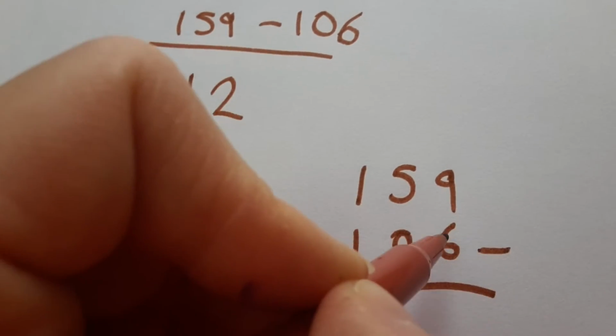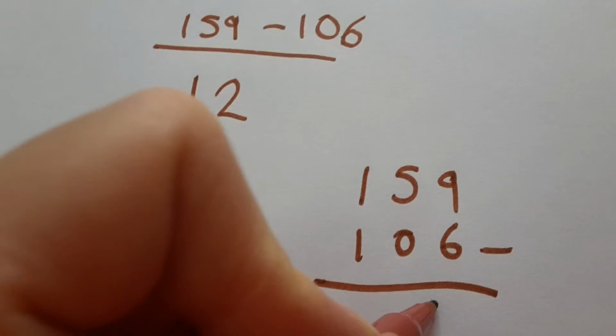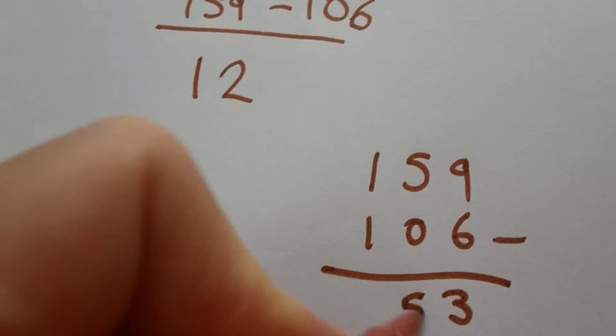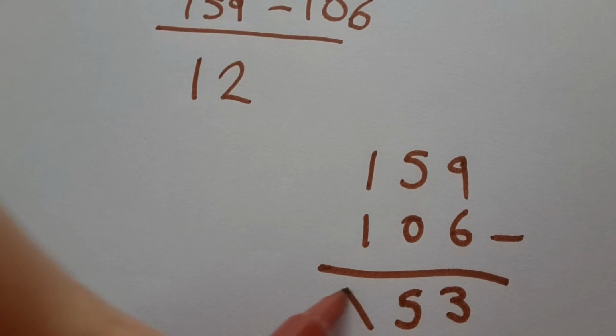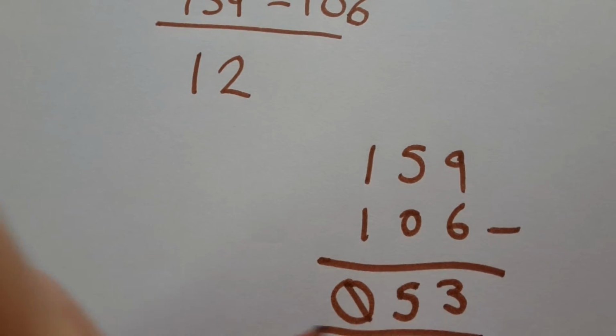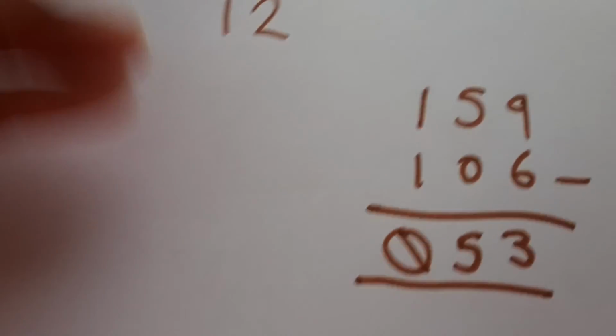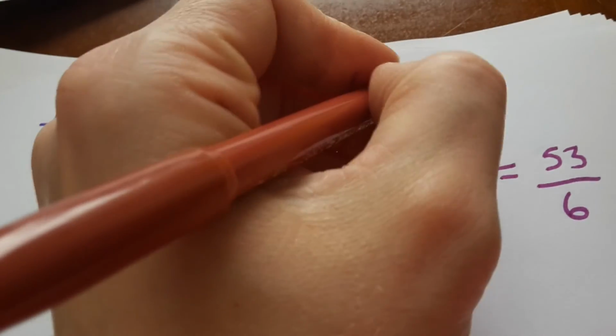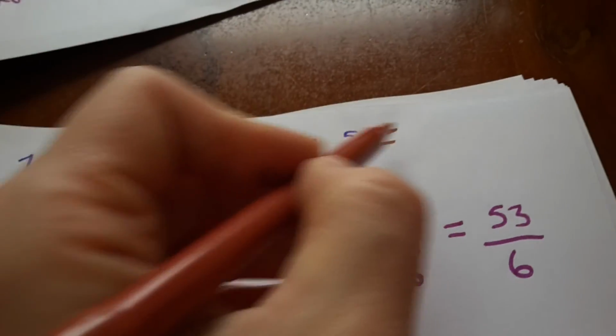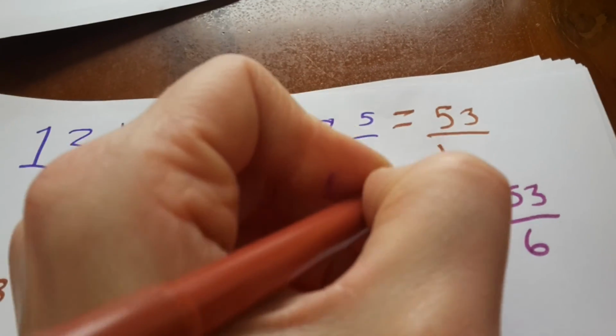So 9 minus 6 is 3, 5 minus 0 is 5, and 1 minus 1 is 0. So we end up with 53 left. So I know that I have 53 twelfths. So I can go back to my original sum and write down that I have, was it 53, wasn't it? 53 twelfths.